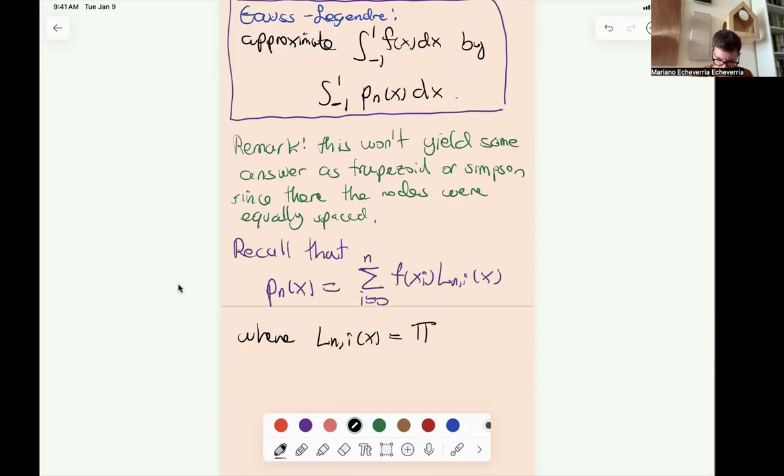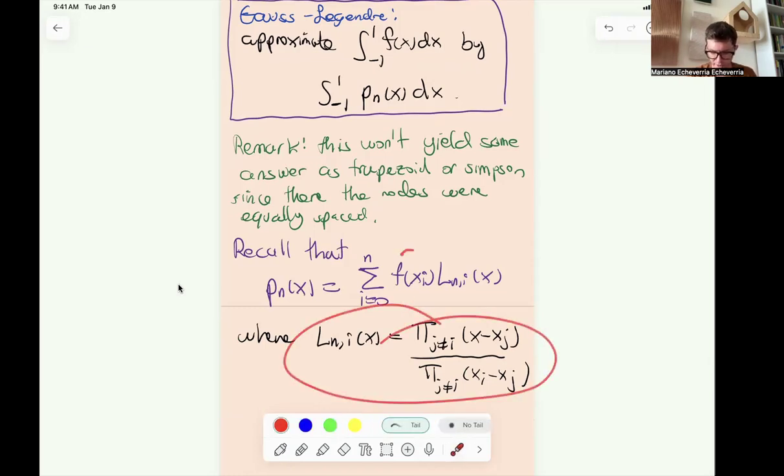It was the product over j different than i of x minus xj, divided by the product over j different than i of xi minus xj, right? That's how you would find the Lagrange polynomial. You would compute these things, and then you multiply by f of xi, and that would have given you the polynomial.